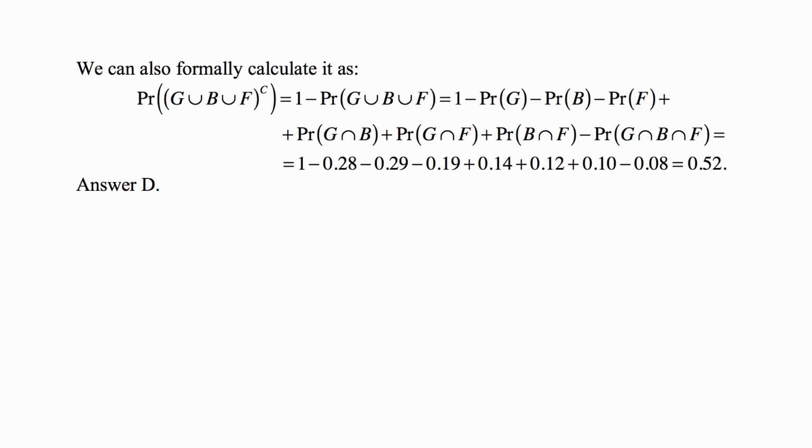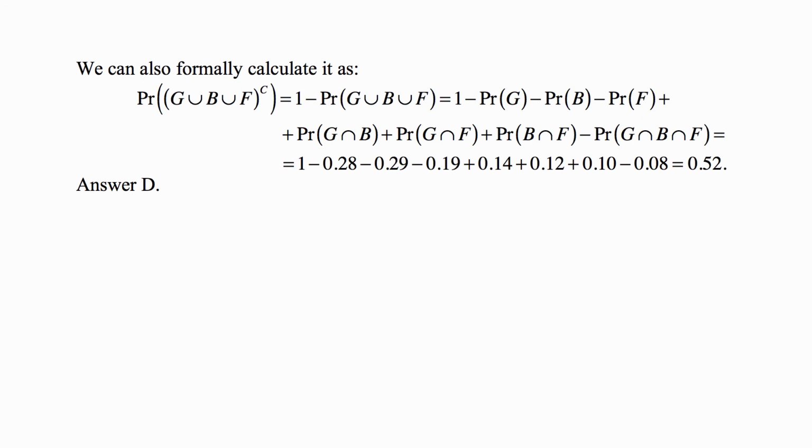We can also use this kind of a formal calculation. We're looking for the probability of the complement of the union of G and B and F, which is 1 minus the probability of the union. And then what is the formula for the probability of the union of three events? It is a sum of probabilities minus the probabilities of intersections of two of them, which is three such probabilities, plus the probability of intersection of all three of them.